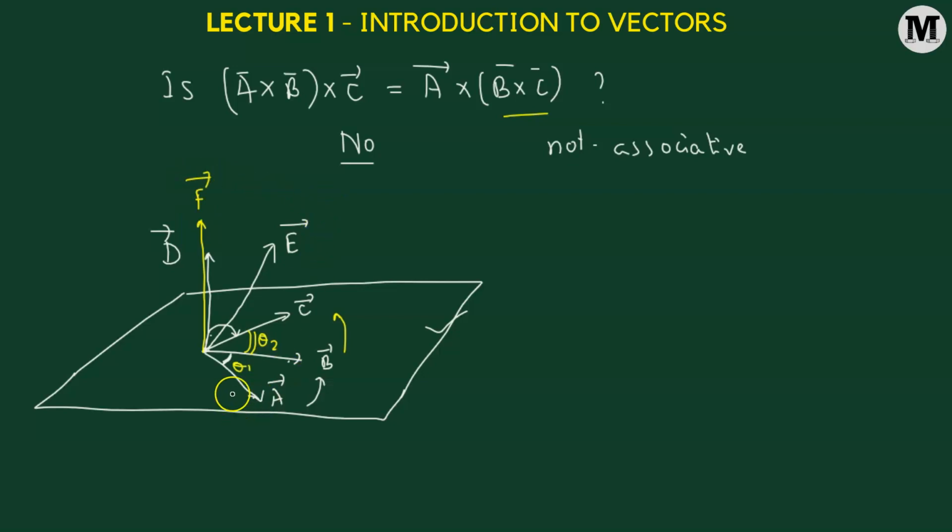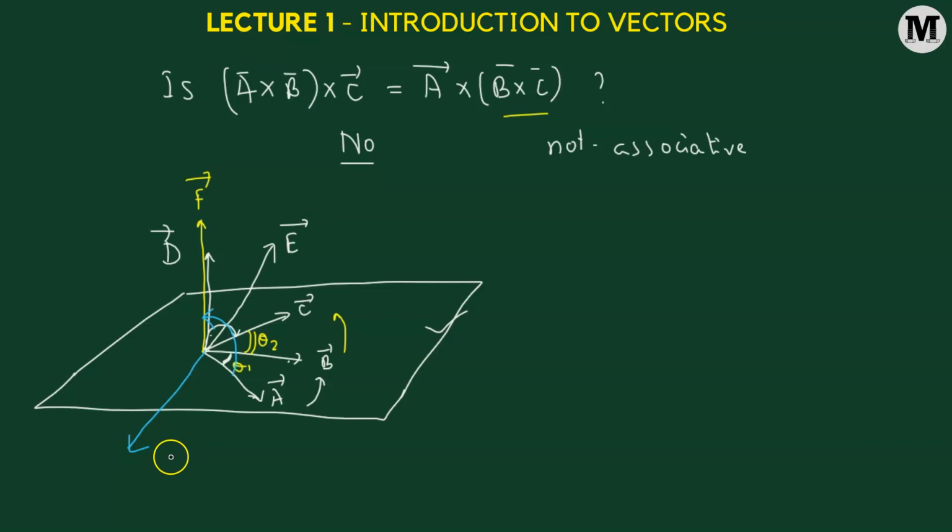Now what we have to do, we'll have to take A vector and then we are going to cross it with F vector. So let's say we have vector A, and now we are crossing it with F vector. Now, if we use our right hand thumb rule, the resultant vector is going to be perpendicular to both A and F vector, but it's going to be pointing in this particular direction.